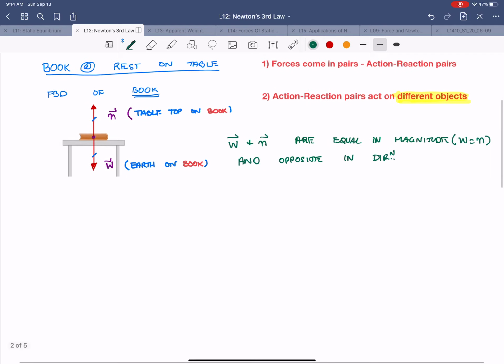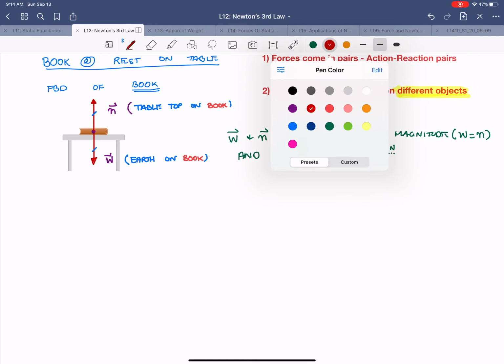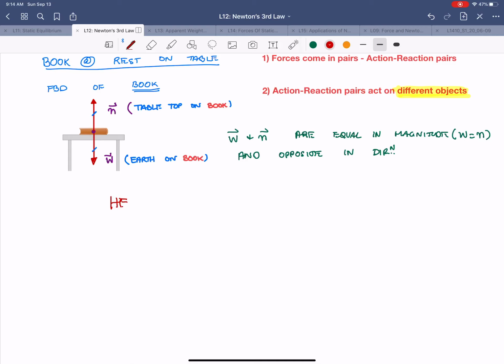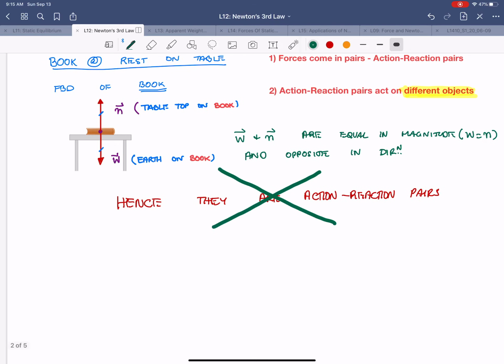So based on that, one may conclude that hence they are action-reaction pairs. Okay. So you might think, oh, well, they form action-reaction pairs, but now here's where you've got to be careful. That would be a wrong conclusion.